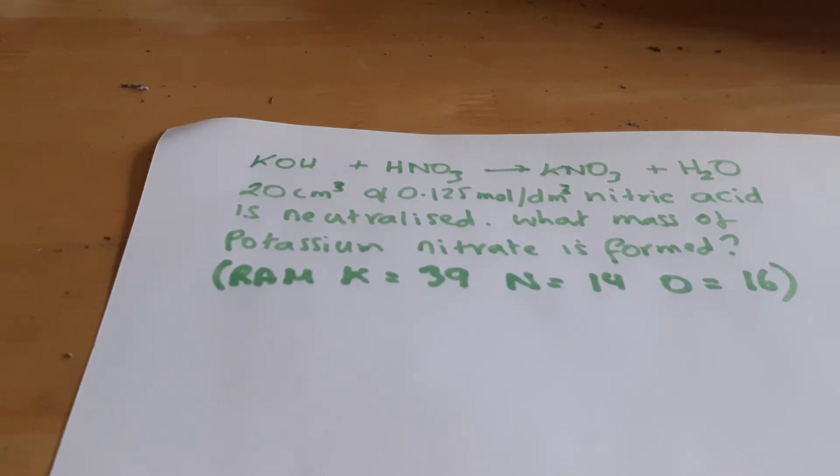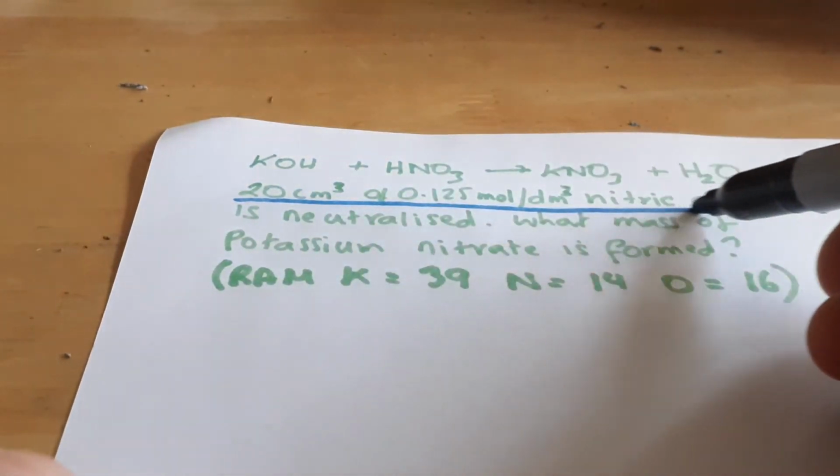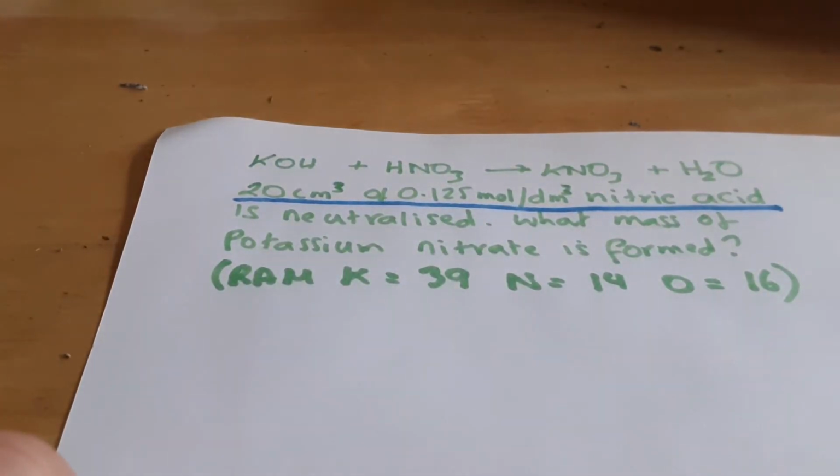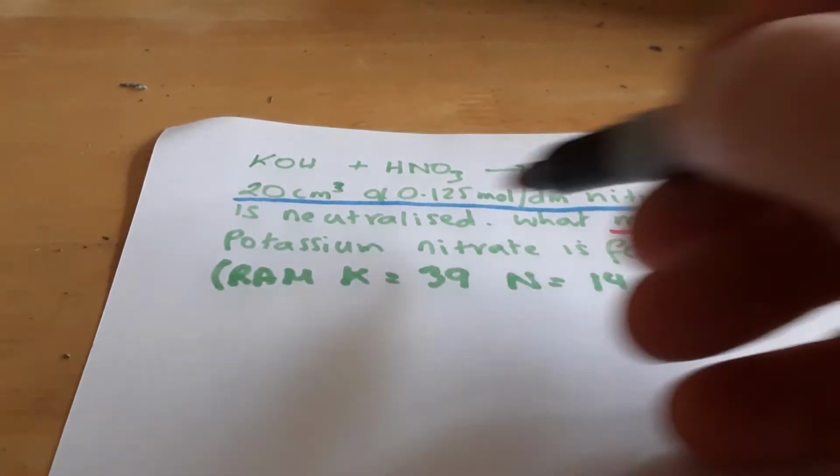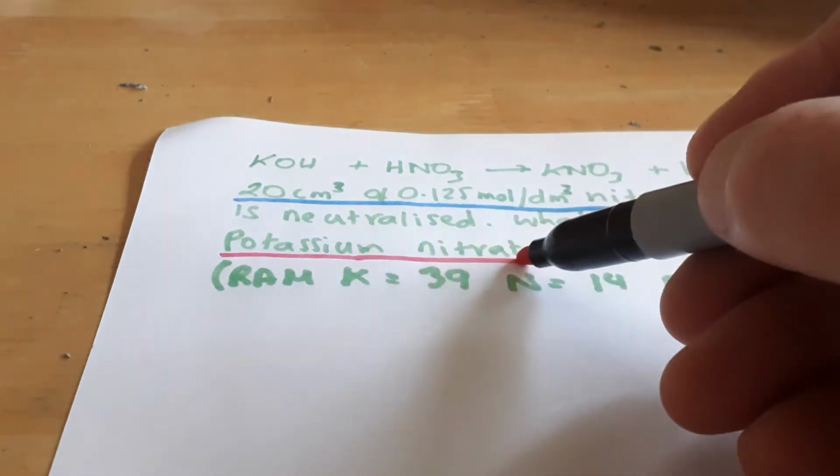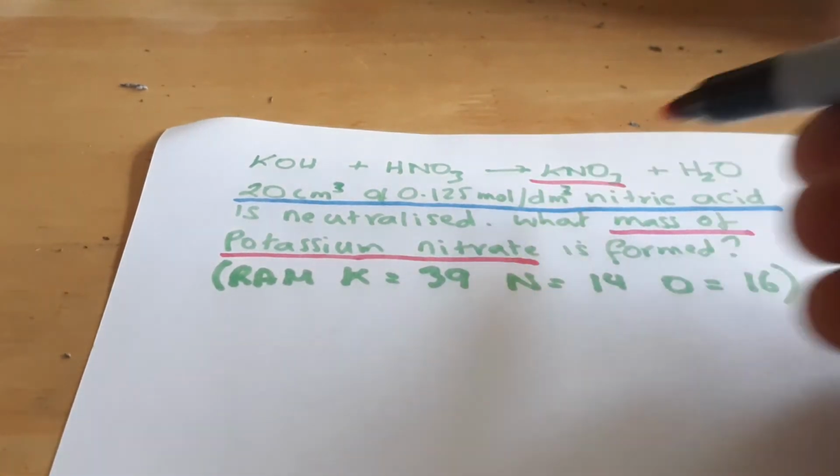Now, let's look at this. Again, look what we've got. That's our nitric acid. That's our volume, 20 centimetre cube, and its concentration. Now, what are we going to find? This time, we've got to find the mass of potassium nitrate. It's in there.